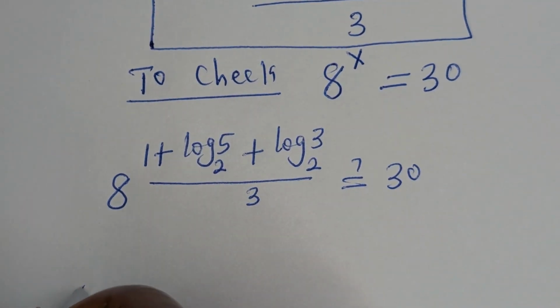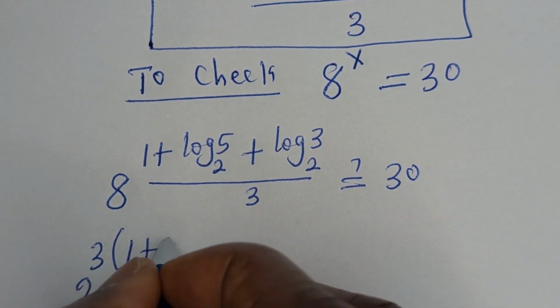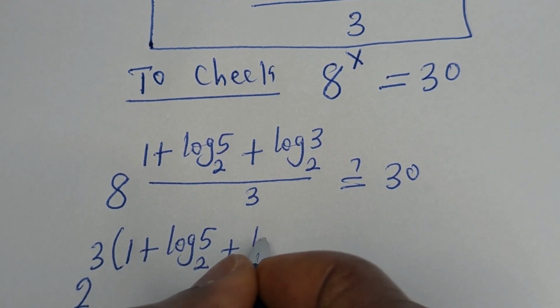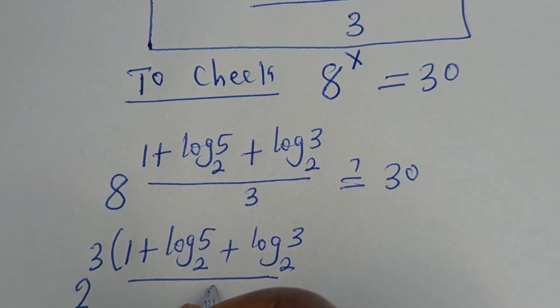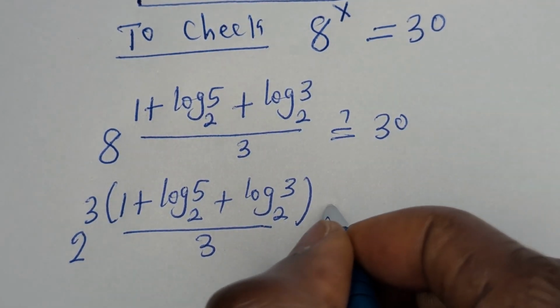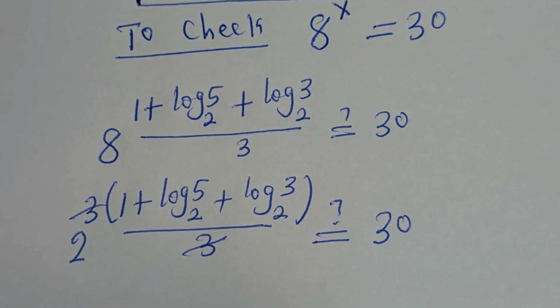Now 8 can be written as 2 raised to power 3 bracket 1 plus log 5 base 2 plus log 3 base 2 over 3 must be equal to 30. This cancels this.